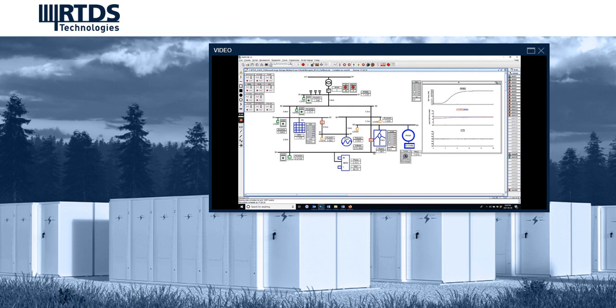Now, when the grid is islanded, the microgrid picks up the power loss from the grid and maintains the power balance.